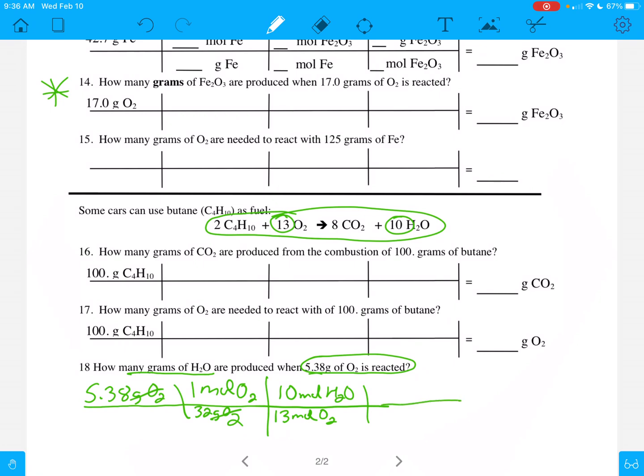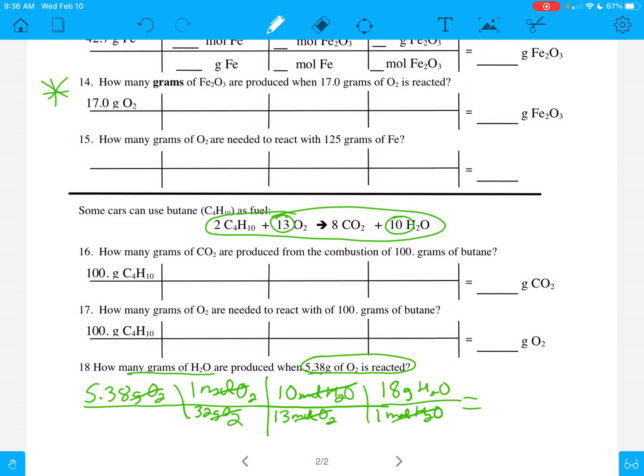1 minute, 35 seconds. Okay, so then the next thing I'm going to do is I got rid of moles of O2. I need to get into grams of H2O. Well, I know that 1 mole of H2O has a mass of 18 grams. Okay? So moles just canceled, and I'm left with 18 grams. Okay, cool. Now all I have to do is the math. Now that we've done the English, let's do the math.